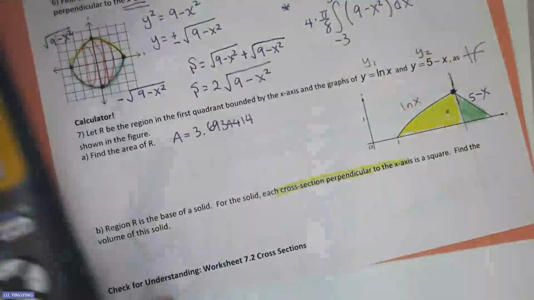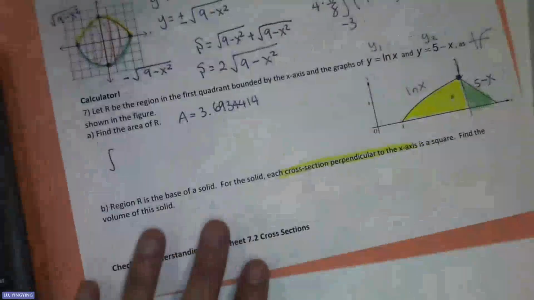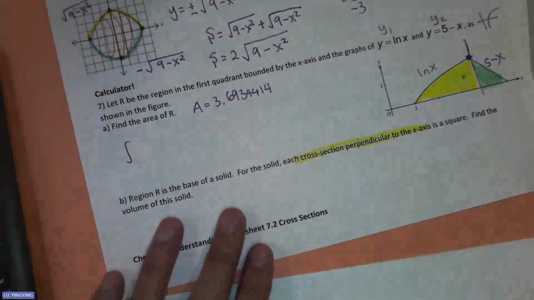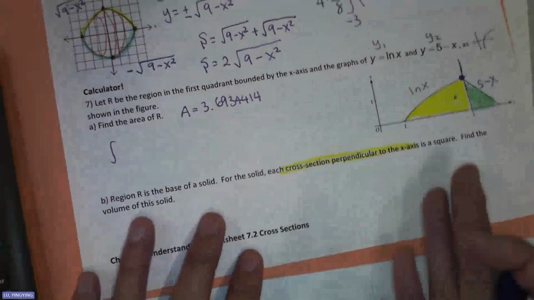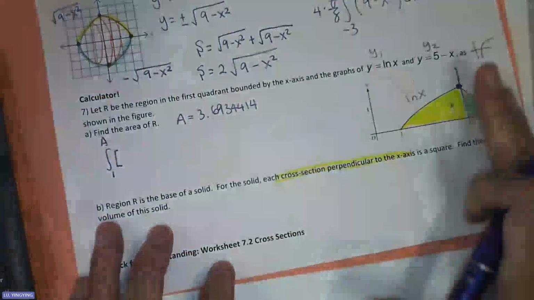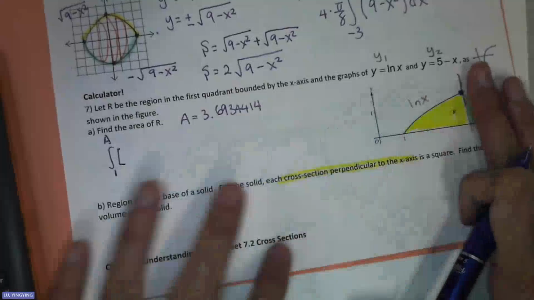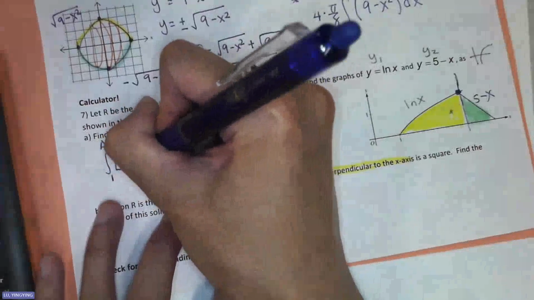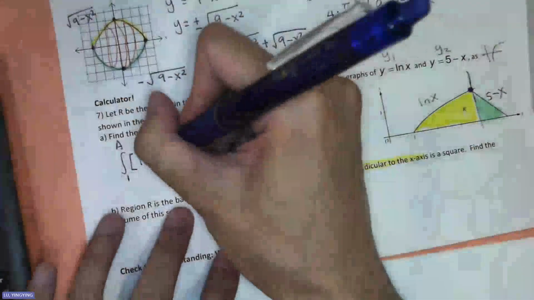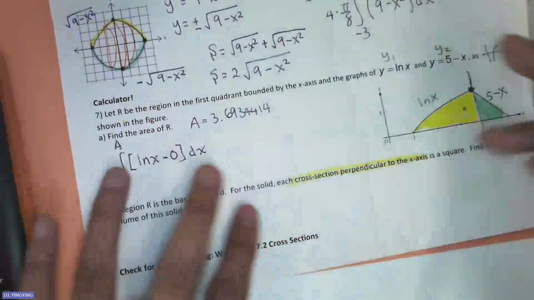Now, what's my setup? From where to where? 1 to A. The first part, the yellow part, is 1 to A. What is the top function? Natural log of x. What's the bottom function? 0, so you can write minus 0 if you want to. dx. That's the yellow part.